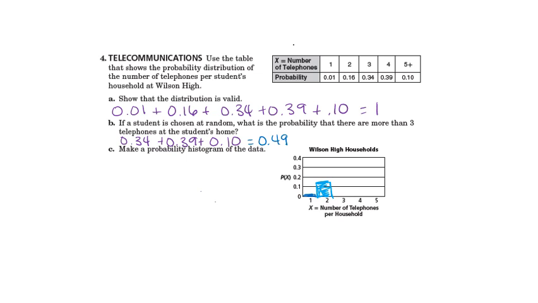For number 3, we're all the way above 0.34, and then even higher for 4, and then for 5, we're all the way back down to here. All right, so that's the probability distribution for that. So now you guys are going to finish, you're going to do 1 through 7. That's not too bad, not too many questions.